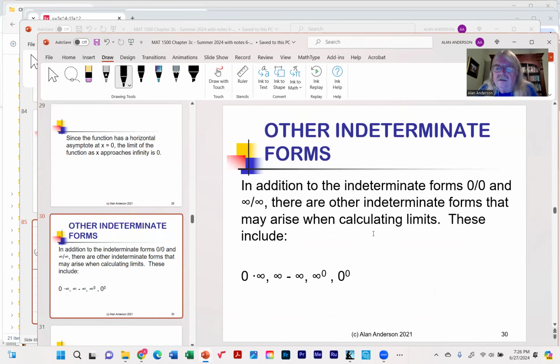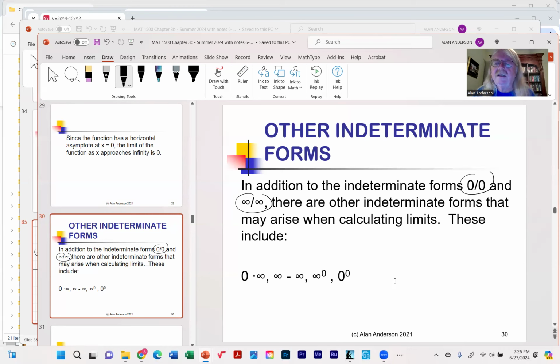Now, there are other of these indeterminate forms besides these two. These are the ones that are eligible for L'Hopital's rule. You can get all kinds of crazy results: 0 times infinity, infinity minus 0, infinity to the 0 power, 0 to the 0 power.